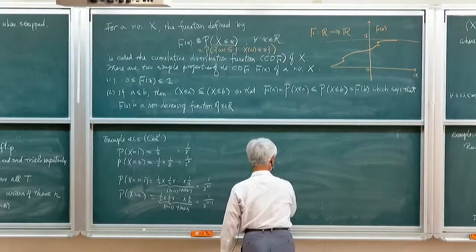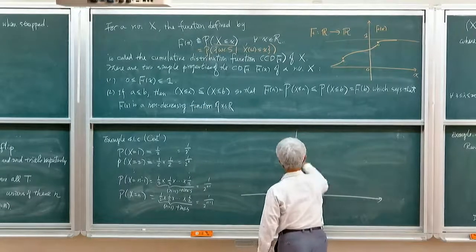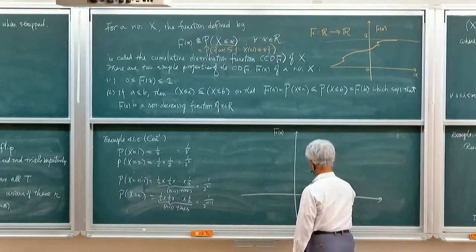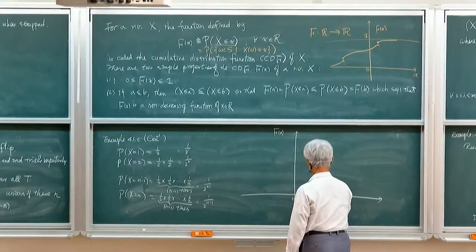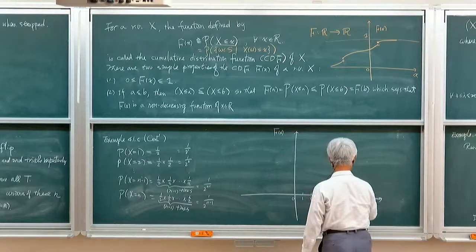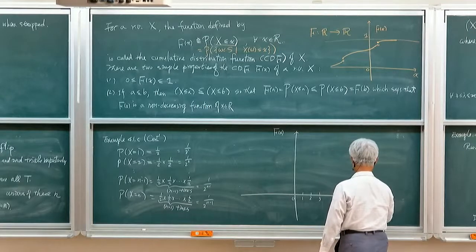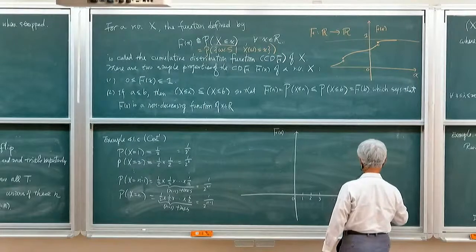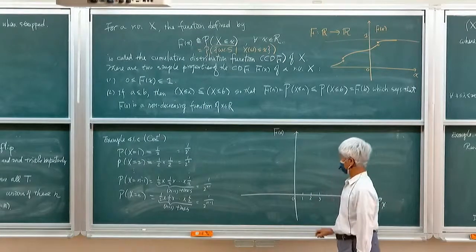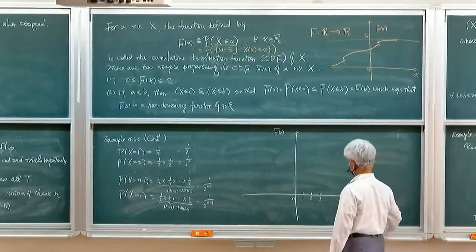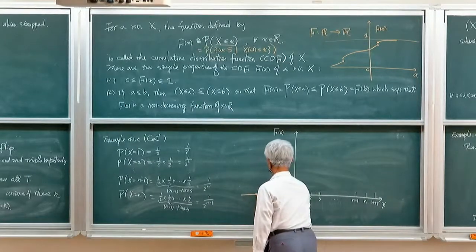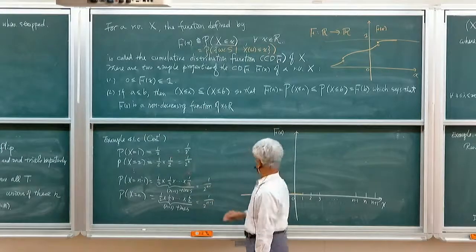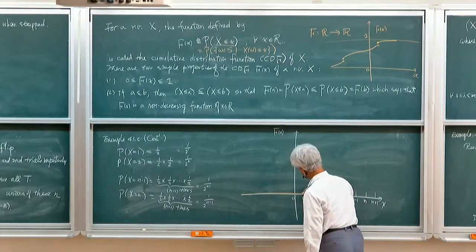Okay, and so if we draw the CDF of this random variable, then we will see 1 and 2 and 3 up to n minus 1, up to n and n plus 1. This is x. We will have all zeros here.